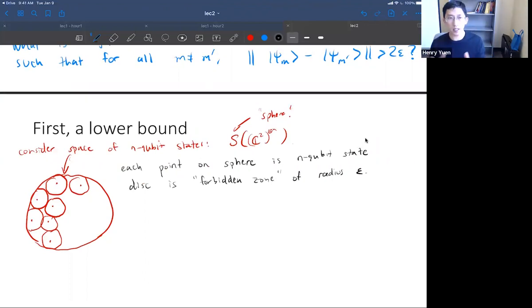We want each disk to have radius epsilon, because if you fall within this disk, then you should be able to uniquely identify the closest center point.